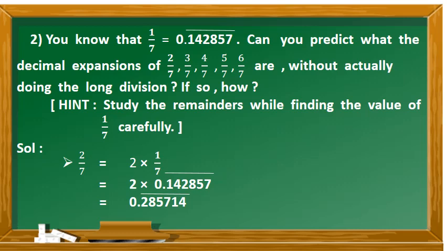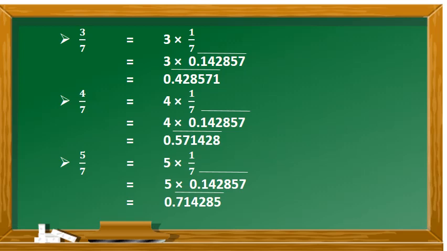We know the value of 1 by 7, so we can substitute it as 2 into 0.142857 bar, which when you multiply, you get the solution as 0.285714 bar. 3 by 7 is split as 3 into 1 by 7, which gives you 3 into 0.142857 bar, that when you multiply you get as 0.428571 bar.